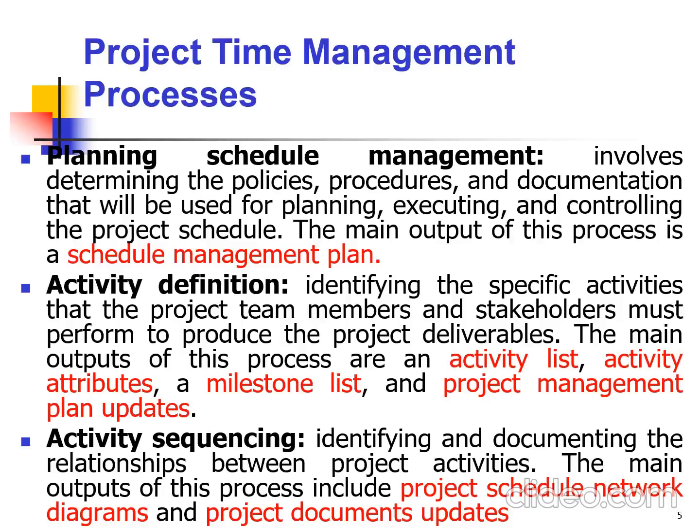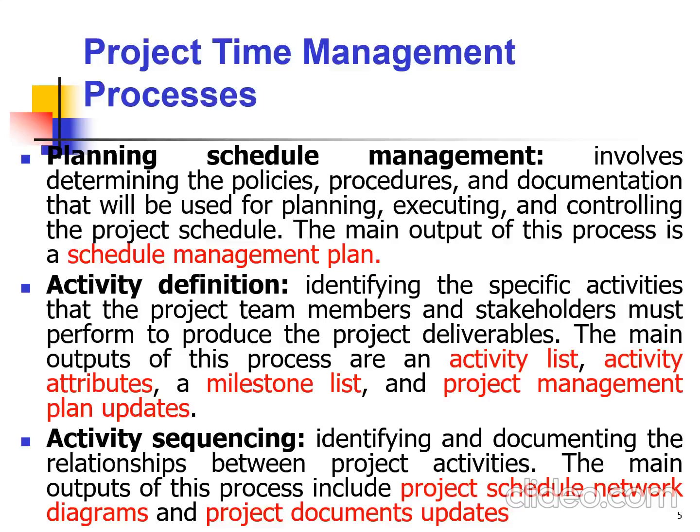So let us look at time management processes. We have planning schedule management, which involves determining the policies, procedures, and documentation that will be used for planning, executing, and controlling the project schedules. And the main output of this is the schedule management plan.